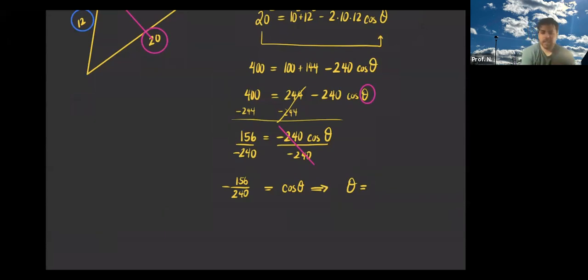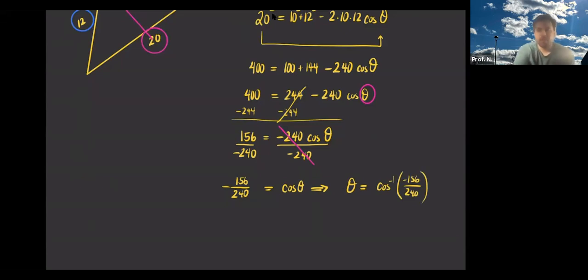Yes, thank you, Tanzila Miranda. Yes, we take the inverse, right? You can't divide cosine. That's not how it works, because cosine is a function. So what you have to do is cosine inverse of negative 156 over 240. That's what you're supposed to do.